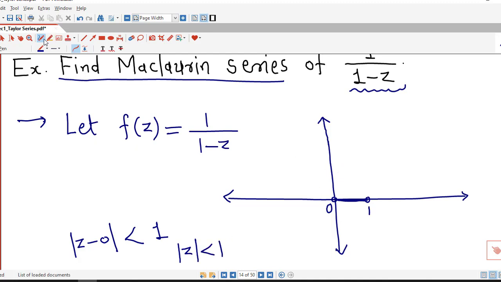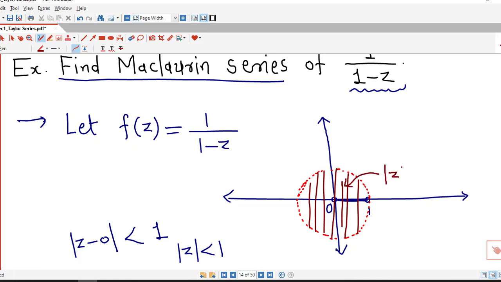If we consider a circle with center 0, 0 and radius 1, suppose this is the rough sketch, then this function is analytic at every point inside this circle, and the region inside the circle is nothing but the open disk with center 0 and radius 1.